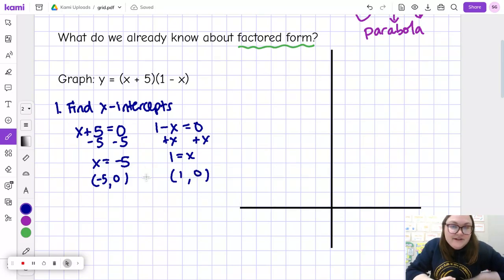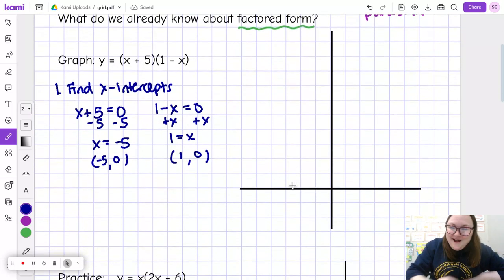Already, this is good information for me if I'm trying to make this graph. So here's my graph, and I know there's going to be a point at negative 5 on my x-axis. So here's my x-axis. That's negative 1, negative 2, negative 3, negative 4, negative 5 right here. And I also know there's a point at 1 on my x-axis right there.